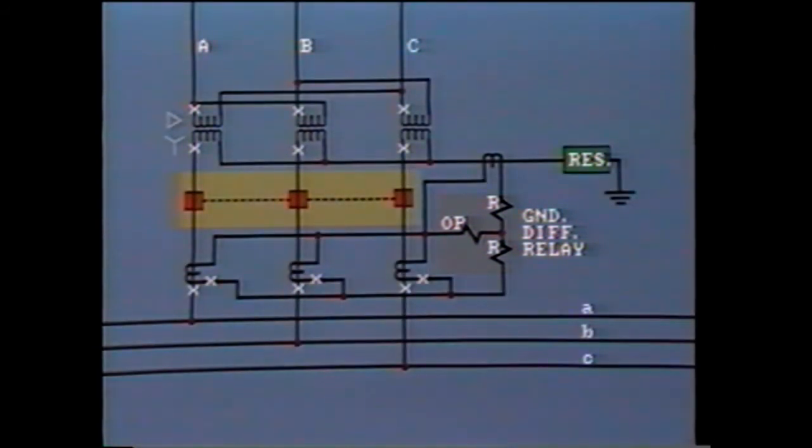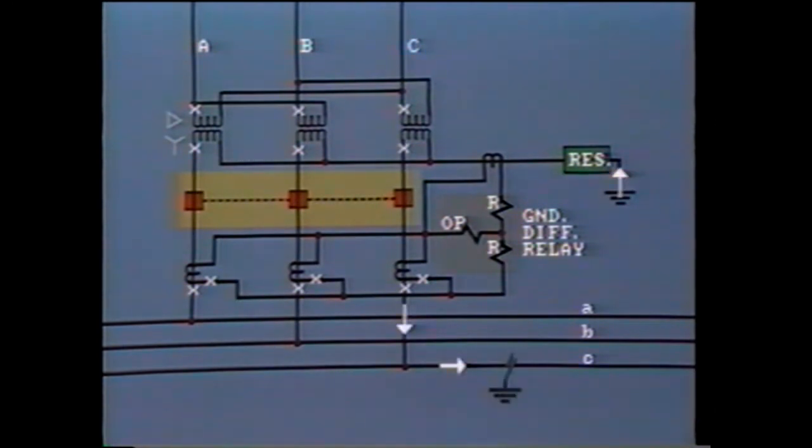If there is no ground fault present, then no current flows in the secondary circuit of the CTs. If an external fault occurs, say on line C, then the zero sequence current will flow through the CT secondary to the relay, but this will be counterbalanced by the same value of current flowing from the neutral CT.